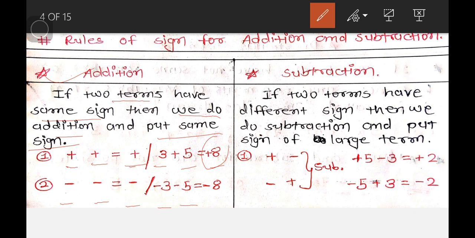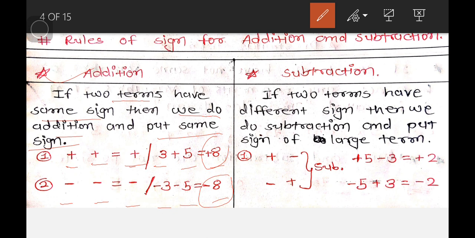Here 3 and 5 have negative and the same sign, then we do addition. Then 3 plus 5 is equal to 8. And since both the terms have same sign, we put minus 8. This was a rule for addition in terms. If the given terms have same sign, then we do addition and put that same sign.